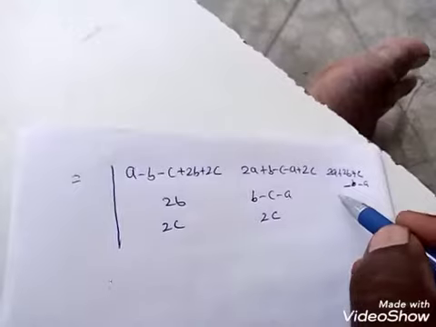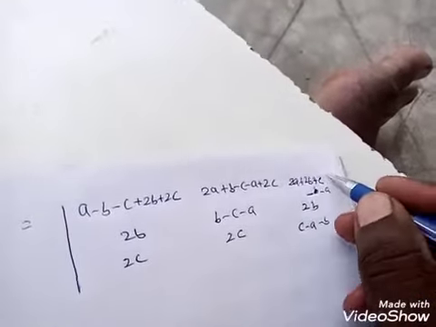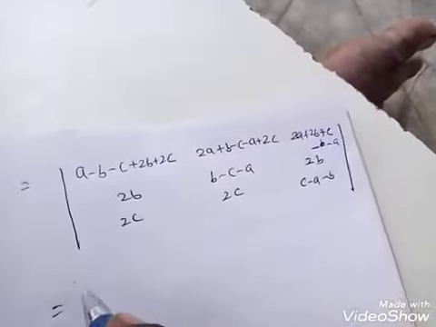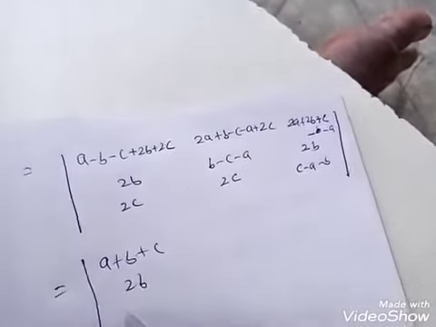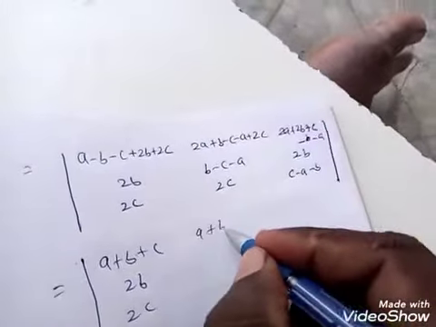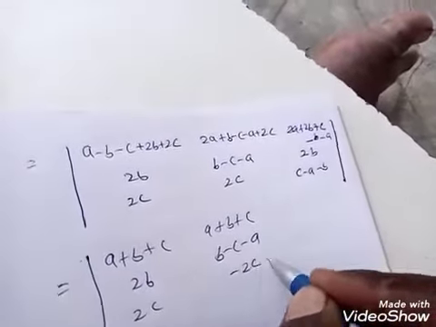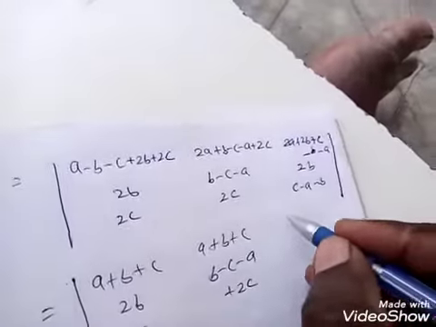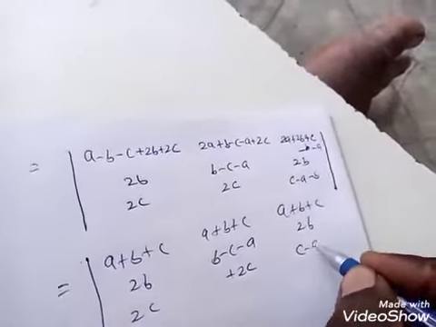Here what is there? 2b, and this is c minus a minus b. Now observe the row 1 is a plus b plus c, a plus b plus c, a plus b plus c. Now this is a plus b plus c, 2b, and c minus a minus b.